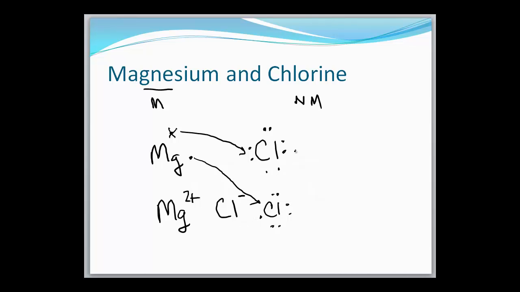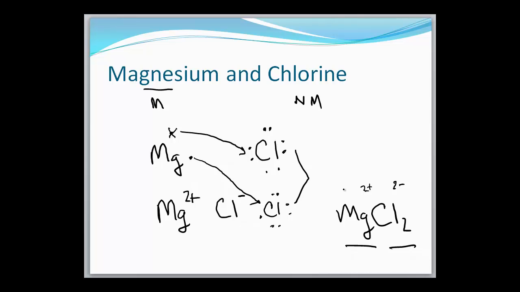So if we have 2 chlorine ions and 1 magnesium ion, the overall charge on the magnesium is 2 plus. The charge on each chlorine is 1 minus, but since we have 2 of them, it's 2 minus. So the formula for magnesium chloride is MgCl2.